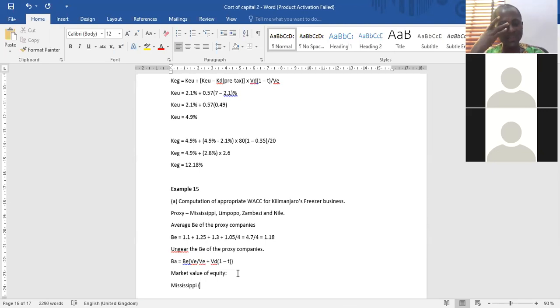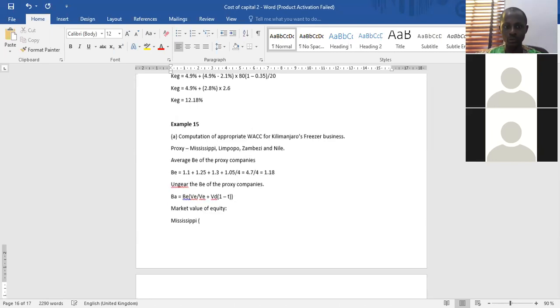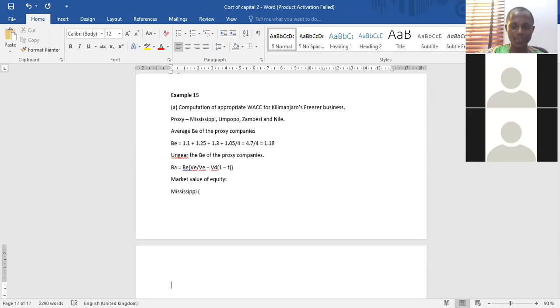now, if you look at this question, you see that we are not given market value of equity. But we are given the basis for us to compute market value of equity. If you look at the question, we have earnings per share, we have price earnings ratio. Now, how do we compute price earnings ratio? Price earnings ratio is market price per share all over earnings per share, true or false?